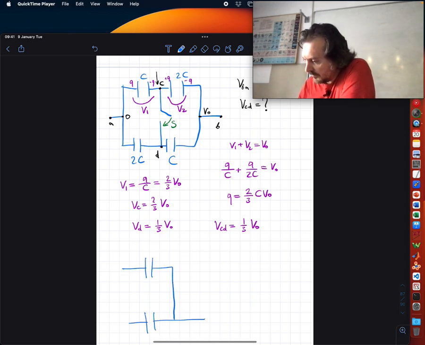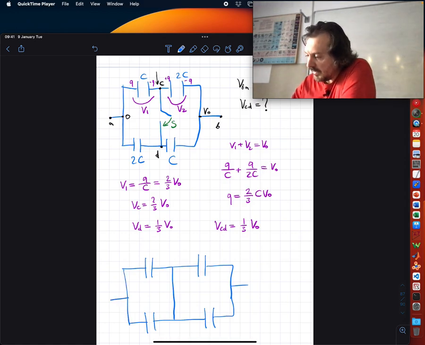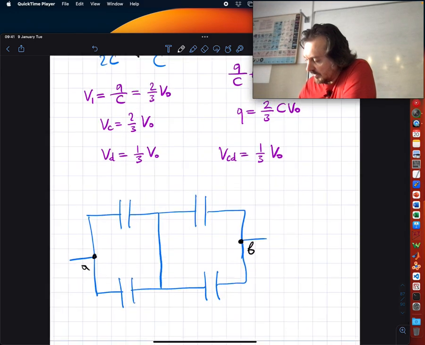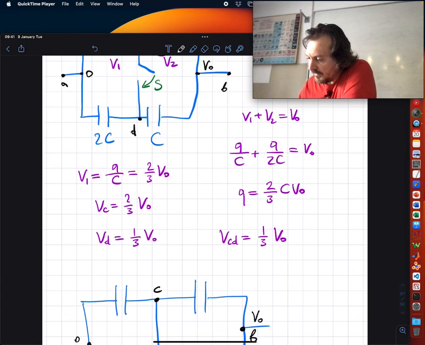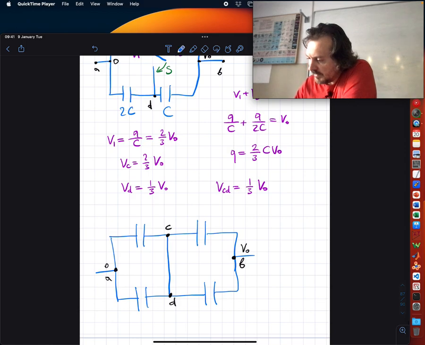And then you gotta approach the question from there. Exactly. So this time A, B is here, we still have 0 here and V0 here, but C and D are now connected, so they have the same potential, okay?